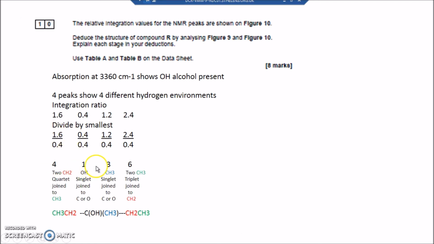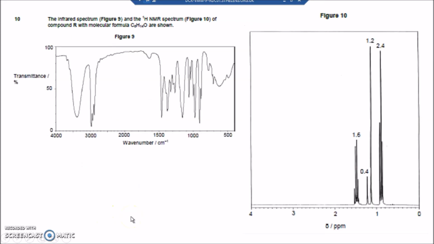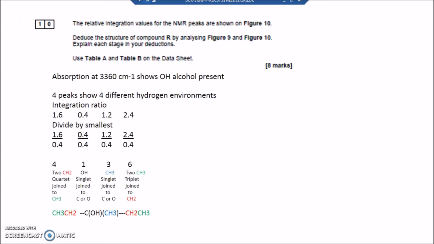So my ratio is 4 to 1 to 3 to 6. Now then, what have I got? I have got 1, 2, 3, 4, 5, 6 carbons in there. Yes, it's C6H14O. So I've got an integration pattern of 4, 1, 3 and 6.